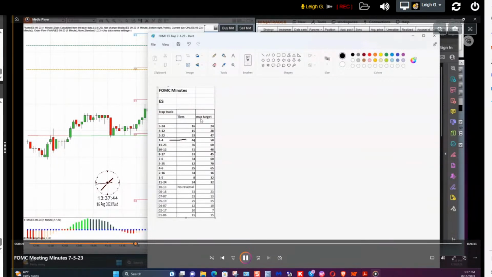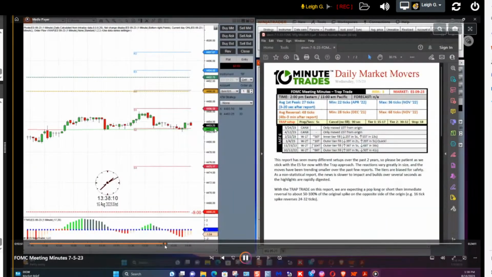And frankly, our trap trade is not very big already because the moves were getting smaller month after month. I mean, 15 ticks in April, 16 ticks in May. Those are almost the same. So just not big spikes from the report.